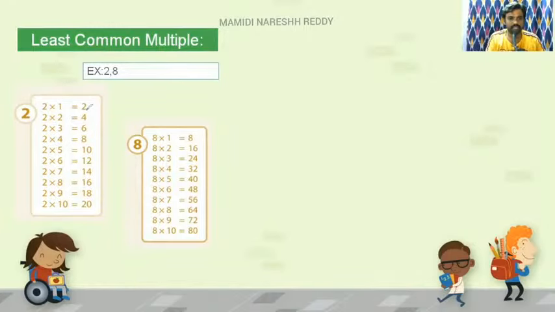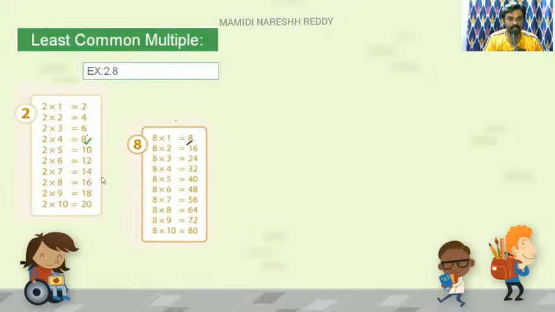In the 2 table: 2 1s are 2, 2 2s are 4, and 8 1s are 8. Here, the multiples of 8 start from 8. That's why 8 must be a common multiple of the given numbers.